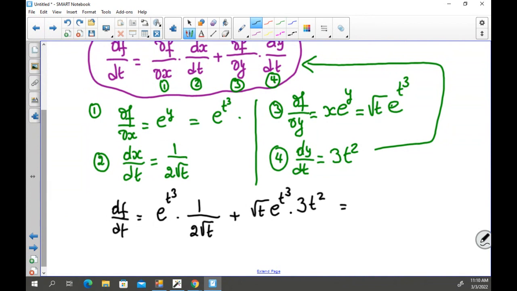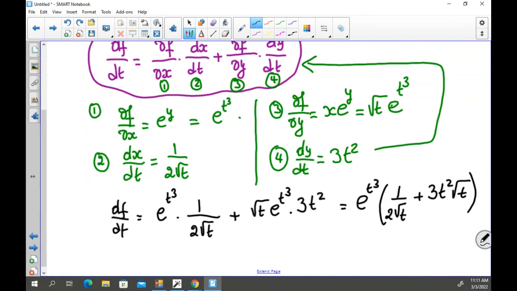Now let me put e to the power of t cubed as a common factor, because I cannot see this expression here. So then it will be 1 over 2 square root of t plus 3t squared square root of t, like this.